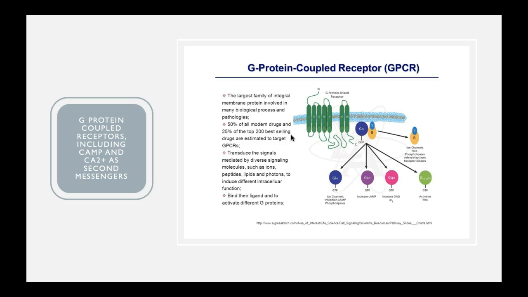When a signal molecule binds to its receptor, the receptor changes its shape and activates a G protein that is associated with the receptor at the cytosolic face of the membrane. There are numerous different types of G proteins, but they all bind to GTP and GDP. Every G protein has an alpha, beta, and gamma subunit, so they are a 3 subunit molecule.